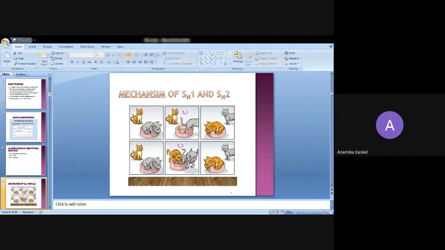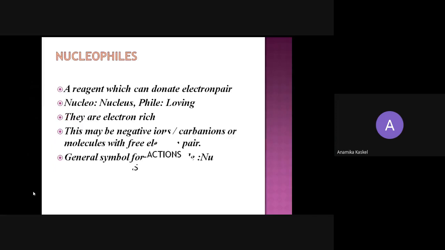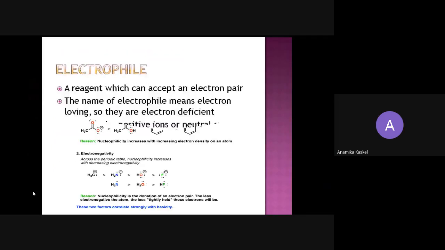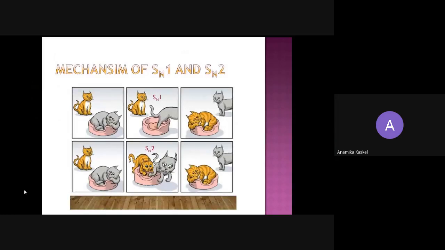This is very interesting. A simple thing for the mechanism of Sn1 and Sn2.